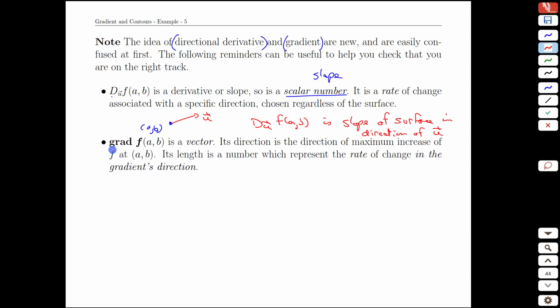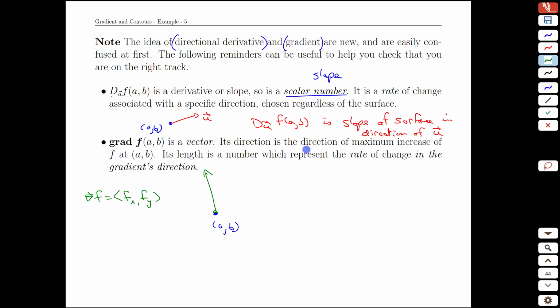The gradient of f at a point is a vector. So we pick a point (a, b), we have our surface. If we do the calculation, which is gradient of f is equal to the x derivative comma the y derivative, we just get a vector. Could be anything. No magnitude restrictions, no direction restrictions. That direction, though, tells us something important.